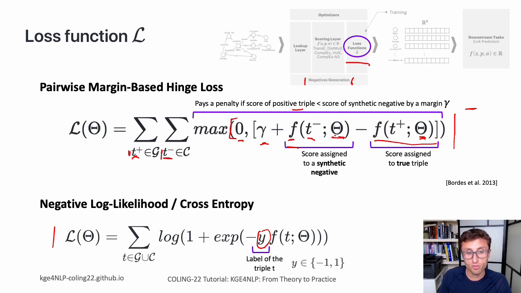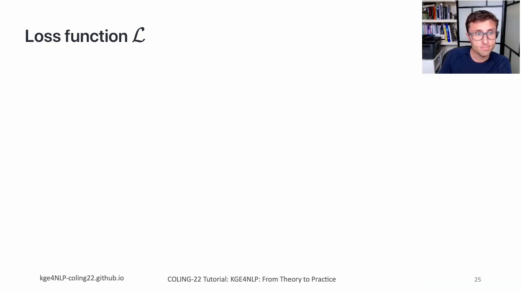So it could be positive or negative. In this case, we process the union of the knowledge graph G and the set of corruptions created for the triples in the knowledge graph.